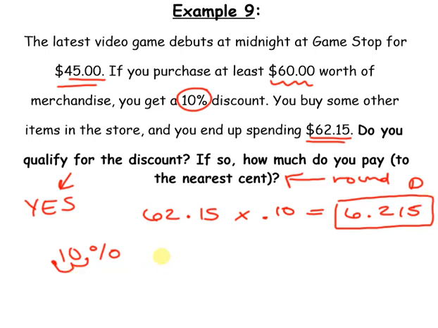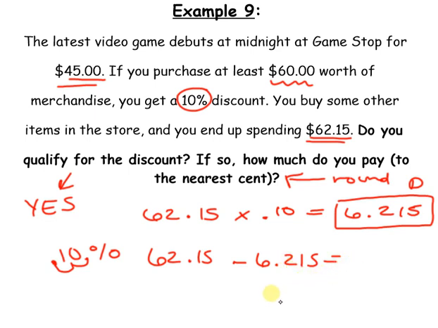Now let's calculate the sales price. 62.15 minus $6.215. Or it's not really 215 cents. I'm sorry. It's going to be 0.215 cents. We'll put it that way. 215 thousandths cent. All right. Go ahead and subtract that. All right.